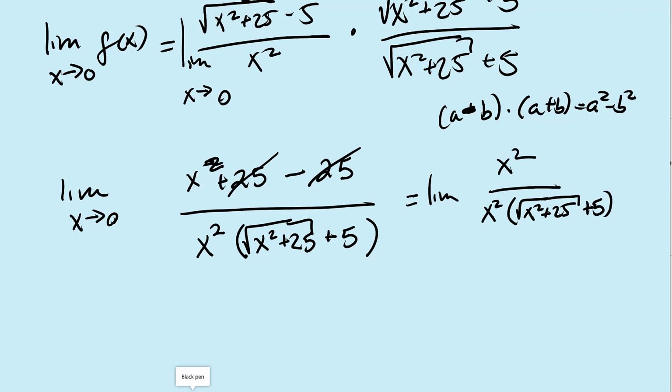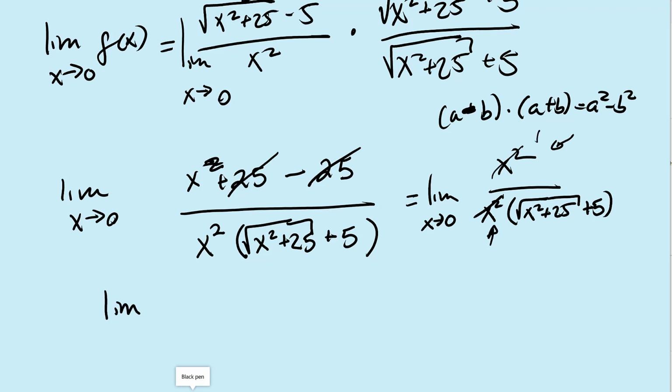We also see that we have two similar terms in the denominator and the numerator: x squared. These two can cancel because we haven't yet taken the limit x equals 0. We're approaching 0, but it's not 0. So we cancel this and this x squared becomes 1.